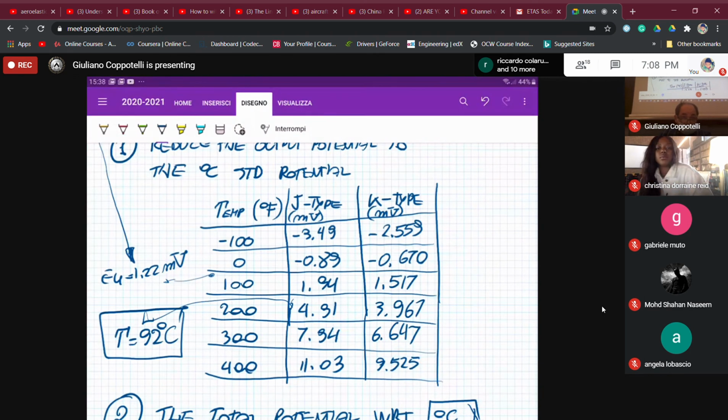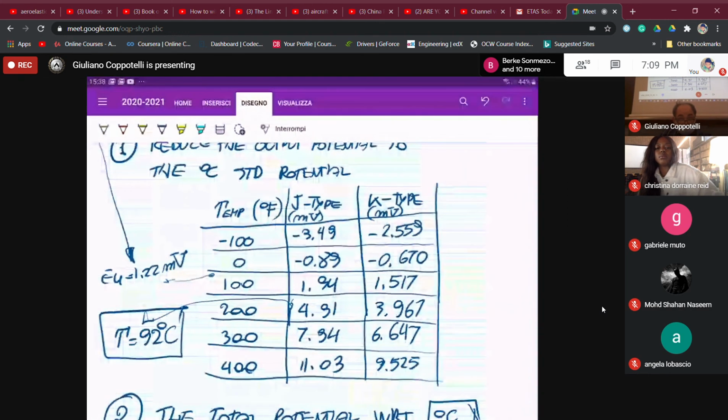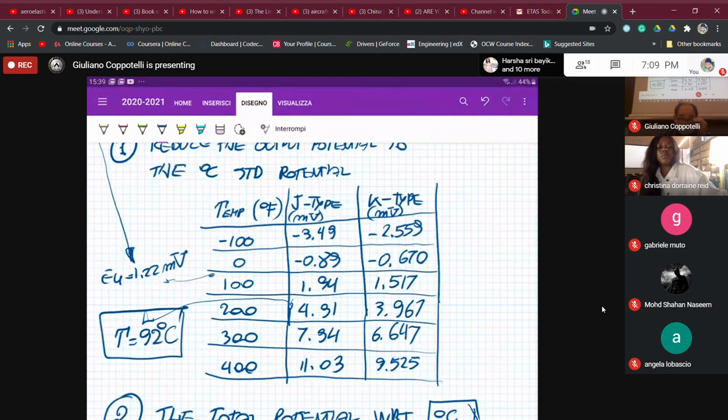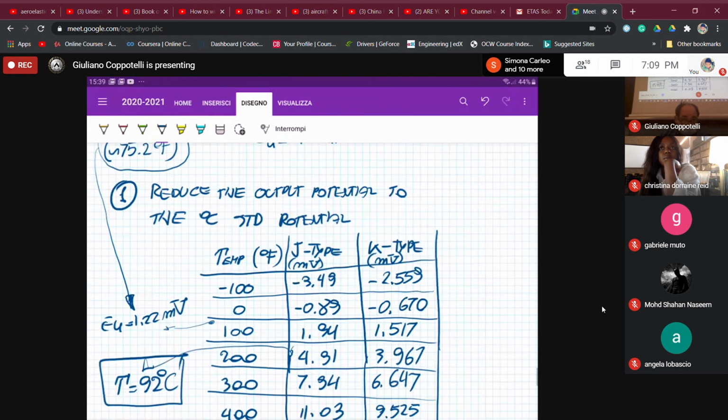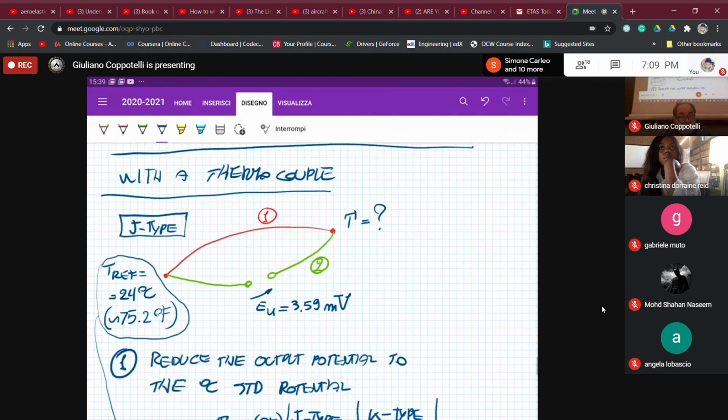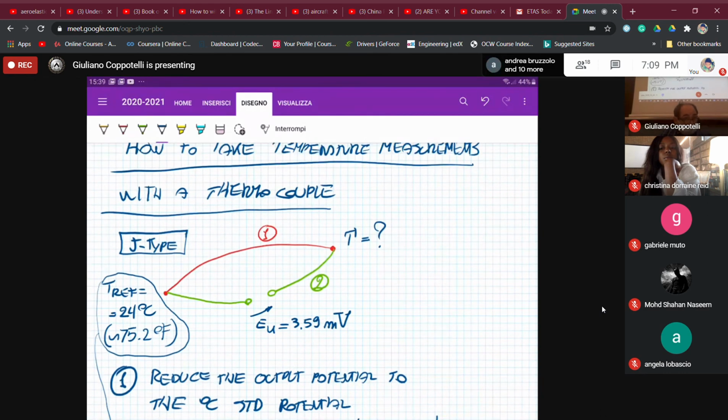From the sensitivity point of view, we have microvolts per degree here, and millivolts here. So the sensitivity and the values tell me that the temperature measurement made by this thermocouple is very accurate, and we don't need anything else, just a voltmeter, because what we need is the measurement of the output tension.